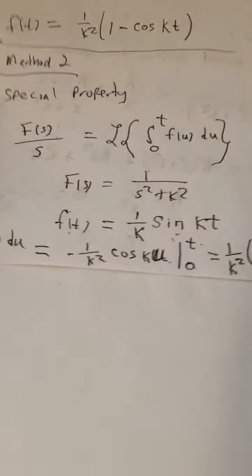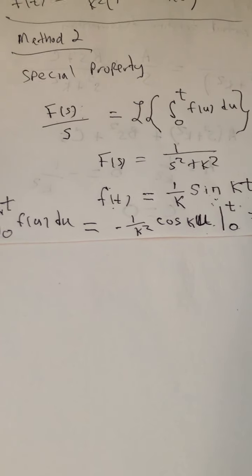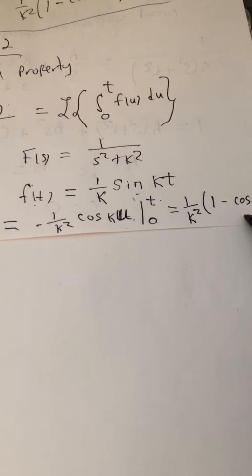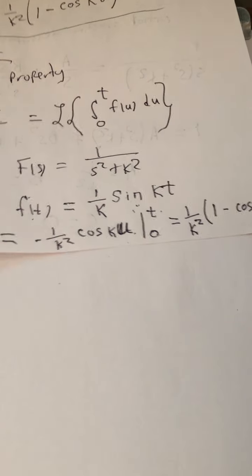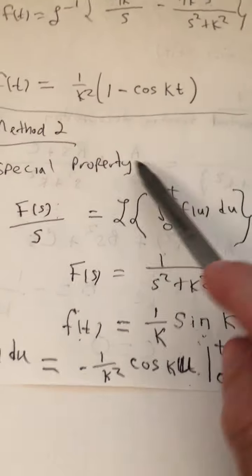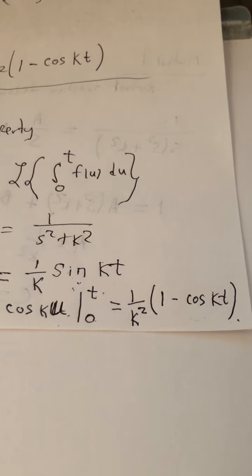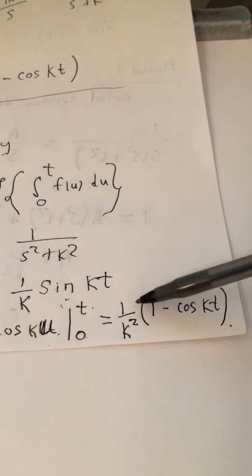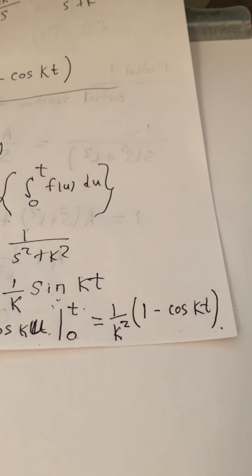So the dividing by s corresponds to integrating with respect to t. So again, for this problem, we could use either partial fraction decomposition, no problem, or we could use this special property of the Laplace transform. In either case, we get 1 over k squared times the quantity 1 minus cosine kt.